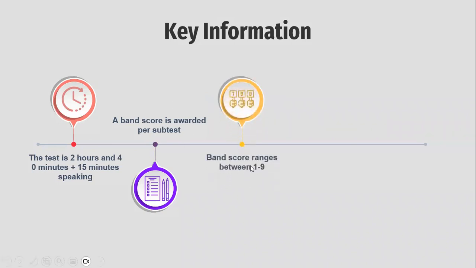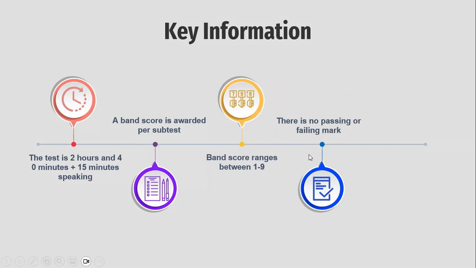Now, the next thing to keep in mind is that band scores range between 1 to 9, which means your IELTS mark is going to be between 1 and 9. And this is related to the next point, which is that there is no passing or failing mark.